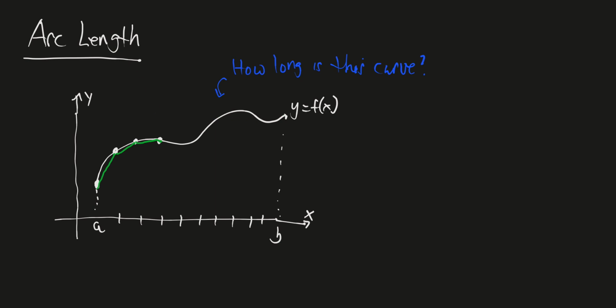So the only thing that remains now is how do we find the length of these things? Let's say we have an x_k, and then the next one would be x_k plus 1, right?